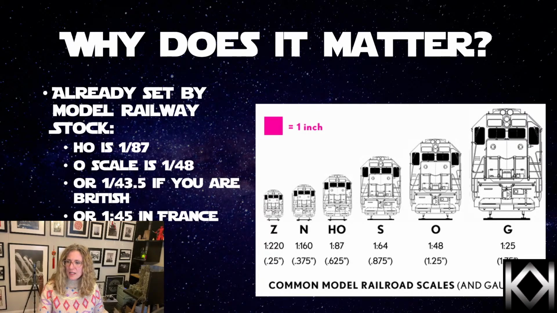Timbersurf says G-scale is not a scale, it's actually a gauge, so many scales on the same track. Thanks, Timber. And for those that just lost that, scale and gauge. So scale is 1 to 48. O scale might be 1 to 48 or 1 to 43.5 or 1 to 45, but they all run on the same gauge, and that's the difference between the rail centres, the same gauge track.